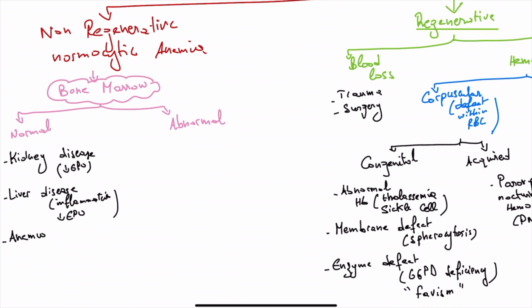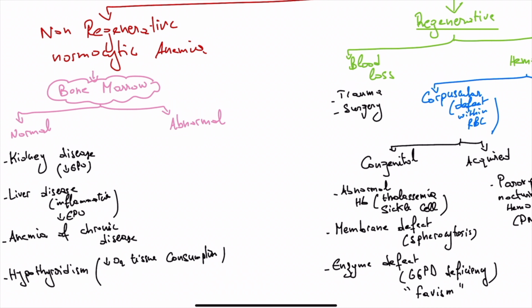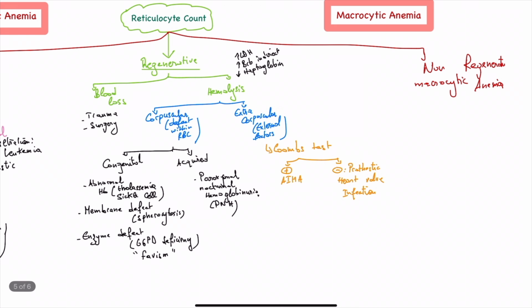It could be anemia of chronic disease, since in inflammation it's first normocytic, then it becomes microcytic, or hypothyroidism from a decrease in tissue consumption of oxygen, or even weakening of the lung muscles causing low oxygen intake. If the bone marrow is abnormal, it can be due to infiltration, for example, by leukemia or metastasis, or aplastic anemia.